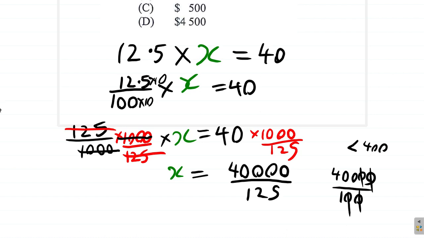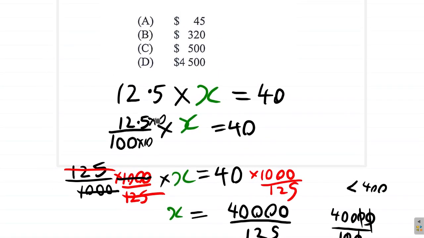You see? It cannot be D because D is more than 400. This is also more than 400. It shouldn't be too far below 400. And A seems to be way below 400. So it would be B.